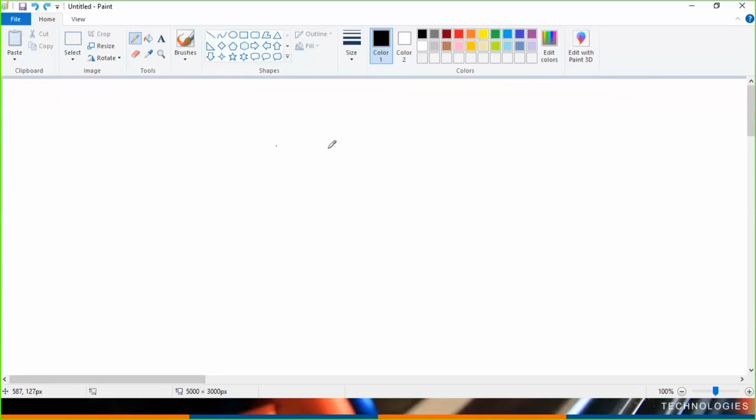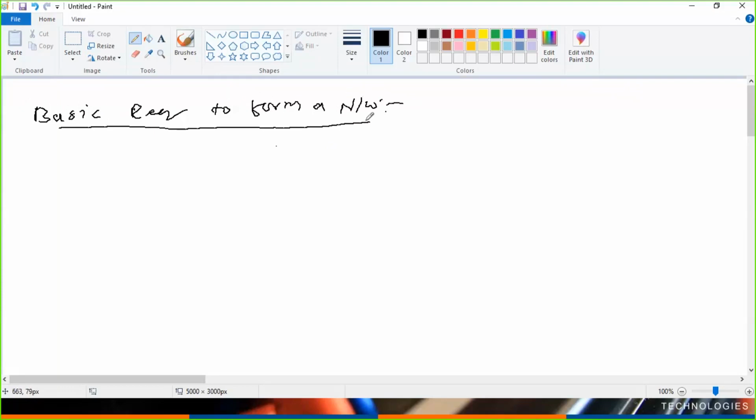So we're done with the previous class and we start with the main point: basic requirements to build a network, or to form a network. Can anyone tell a list of components? Point number one is NIC.